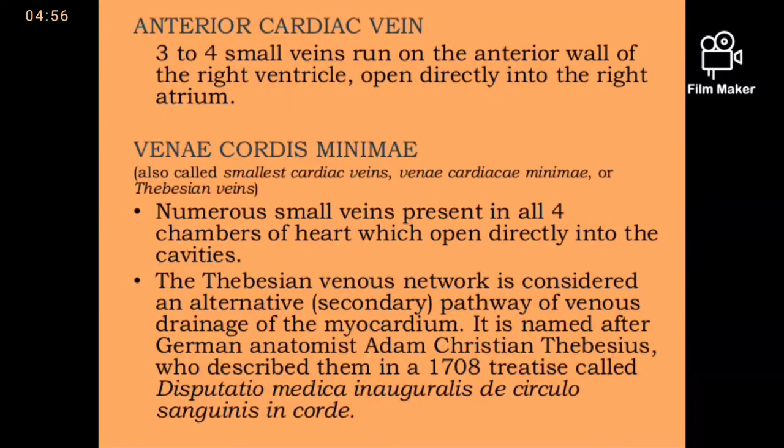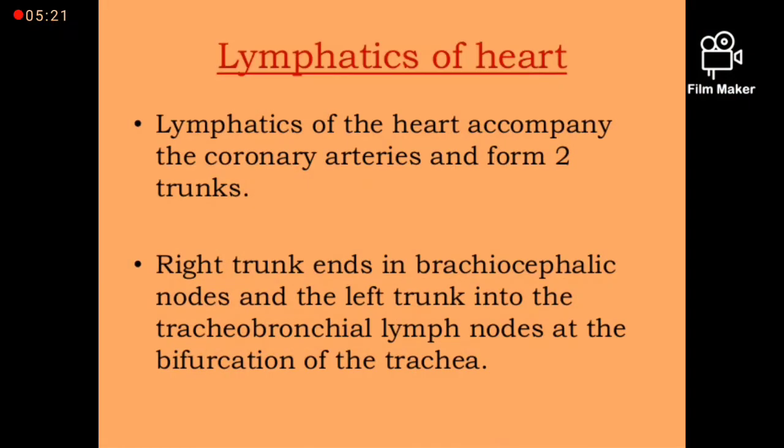Anterior cardiac veins: 3 to 4 small veins, not a single vein, from the anterior wall of the right ventricle, open directly into the right atrium. Venae cordis minimae, very tiny veins situated in the interatrial and interventricular septum, drain directly into the corresponding chamber.